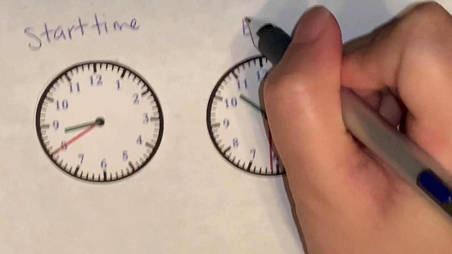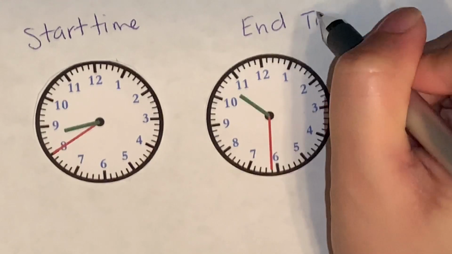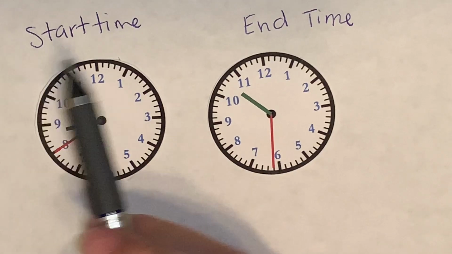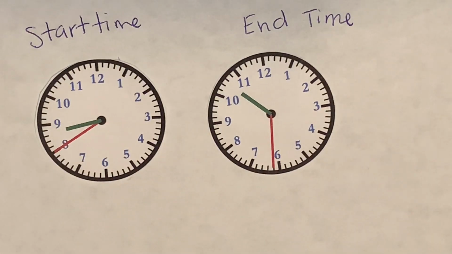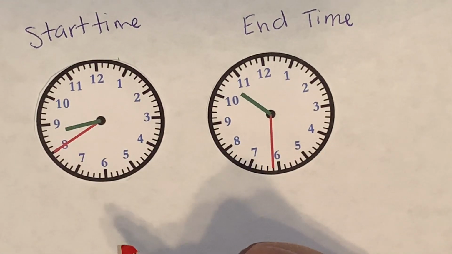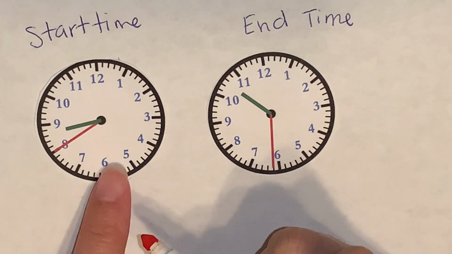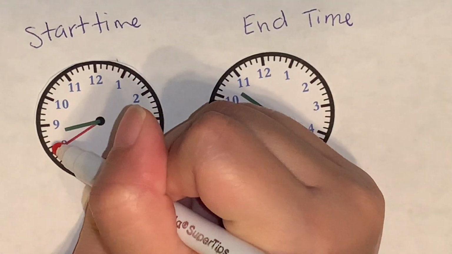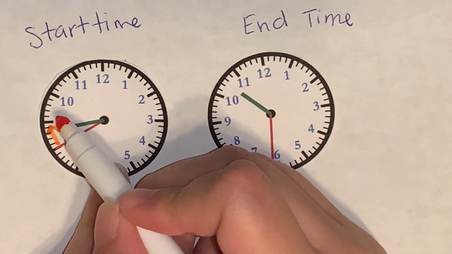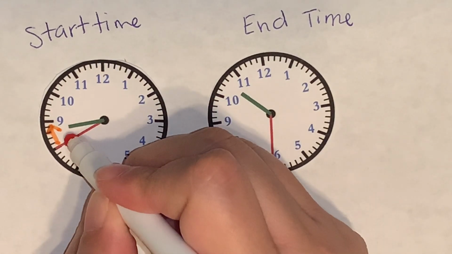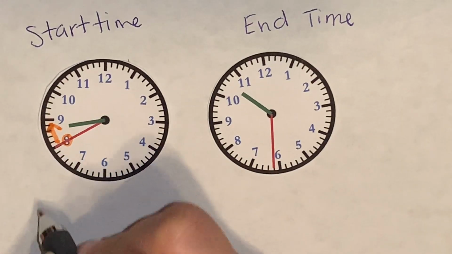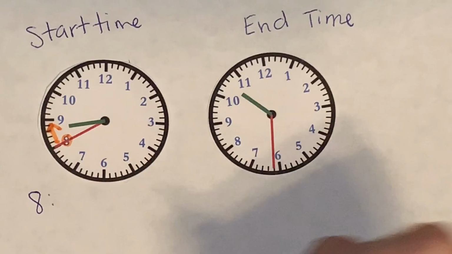And this is the end time. So I'm going to start by reading the start time. If you remember from our video, the little hand represents the hour hand. The hour hand is between the 8 and 9. Since it hasn't reached the 9 yet, it is still 8. So we know that our hours is 8.